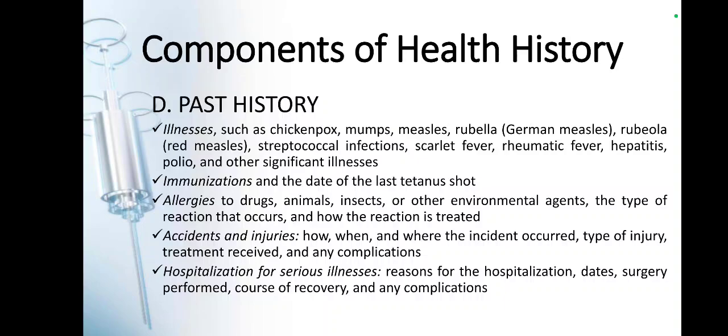And then we have your immunizations or vaccinations and the date of the last tetanus shot, for example, and then any allergies to drugs, to medications, to animals, to insects, to food or other environmental agents. We have also any accidents or previous injuries wherein you experienced a fracture or a sprain. And then we have your hospitalization for serious illnesses.